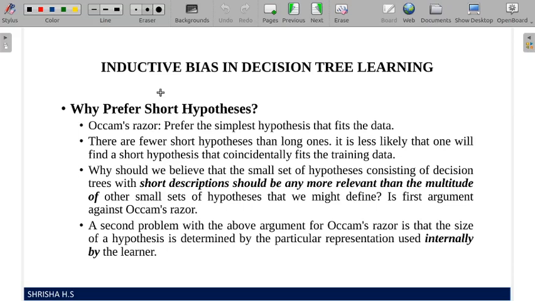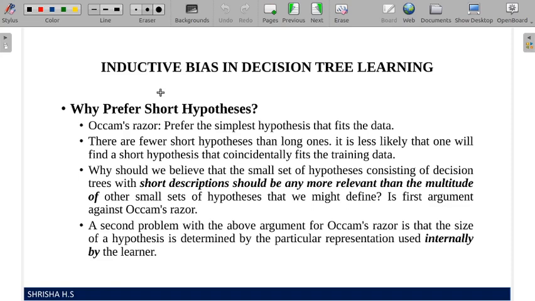So why prefer a short hypothesis? We gave a judgment that ID3's inductive bias is good. ID3's way of selecting the hypothesis is good. ID3's basis of selecting hypothesis is a good one. Fine. We said that shorter trees are preferred.